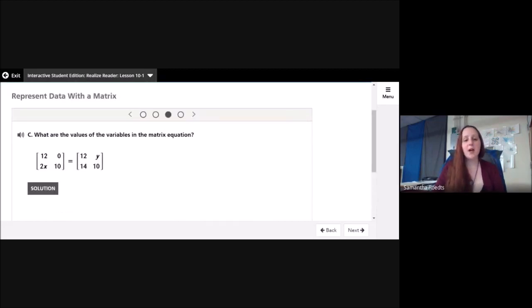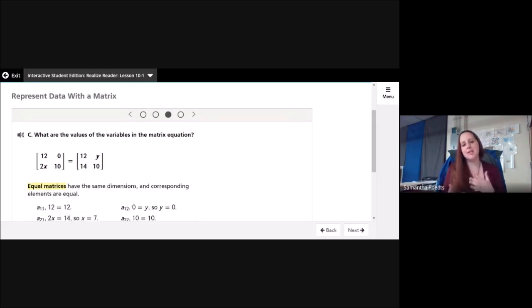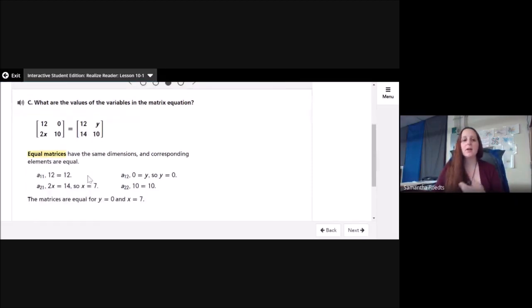What are the values of the variables in the matrix equation? So [12, 0; 2x, 10] equals [12, y; 14, 10]. Equal matrices have the same dimensions and corresponding elements are equal. In this case, both of these matrices are 2 by 2 matrices, which means they have 2 rows and 2 columns. So they're equal to one another. A11 is 12, and so is the other, which also equals 12.